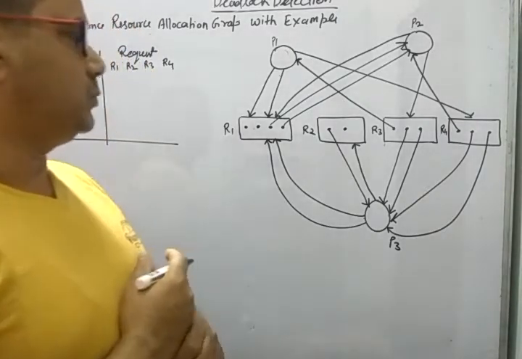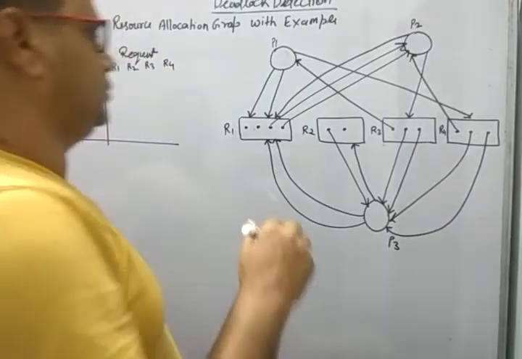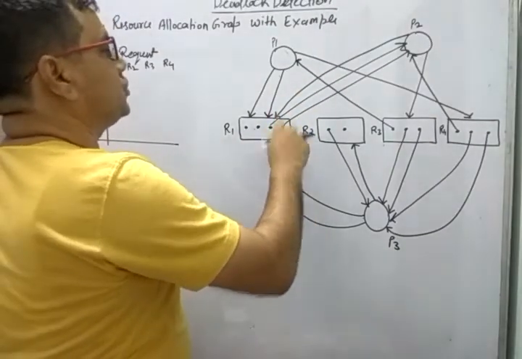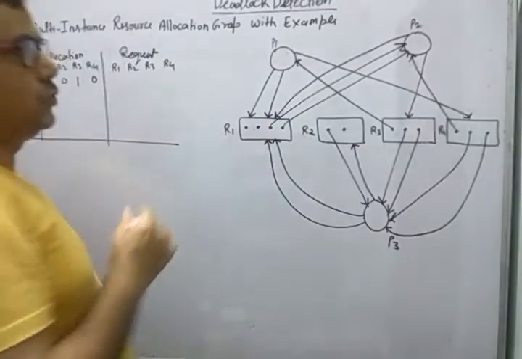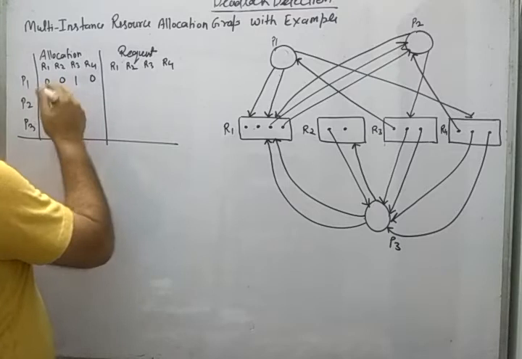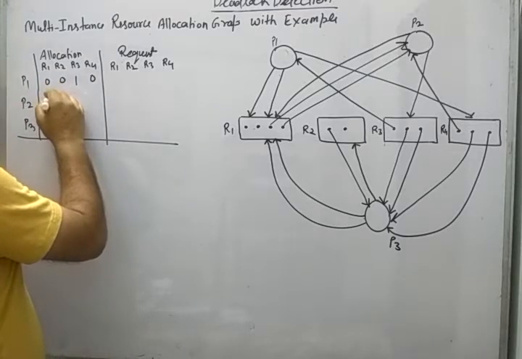Now look here at process P2. 2 instances of resource R1 are assigned to the process P2.